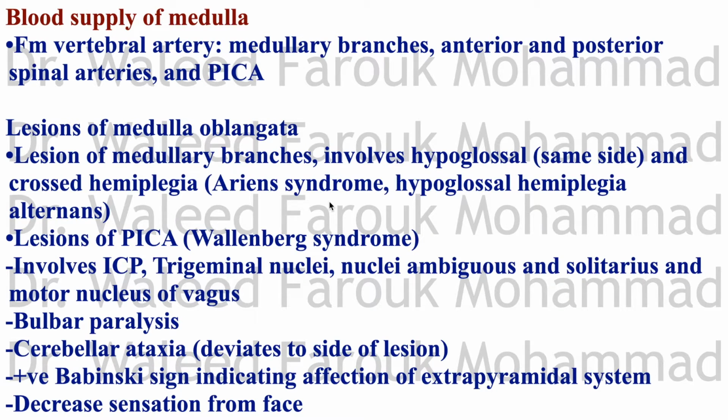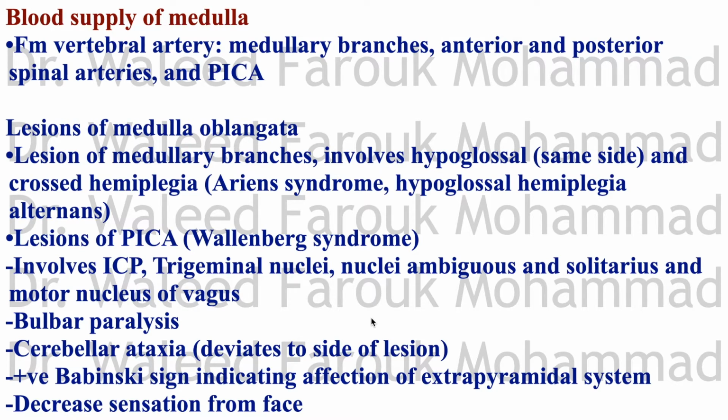Lesions of the PICA, posterior inferior cerebellar artery, it's called the Wallenberg syndrome. It's somewhat lateral in the medulla. It involves the inferior cerebellar peduncle, so there will be cerebellar ataxia. Trigeminal nuclei, so decreased sensations from the face or the head, and nuclei ambiguus and solitarius and motor nuclei of the vagus, which are autonomic nuclei.